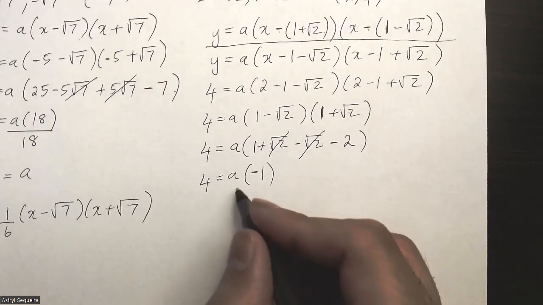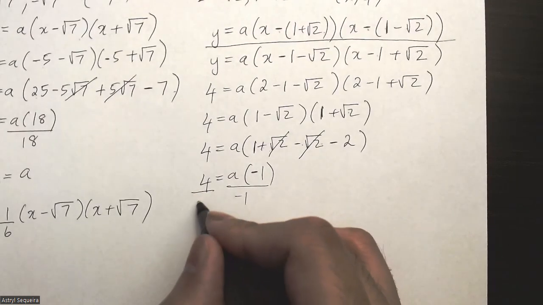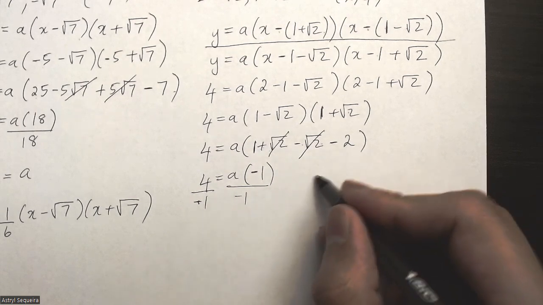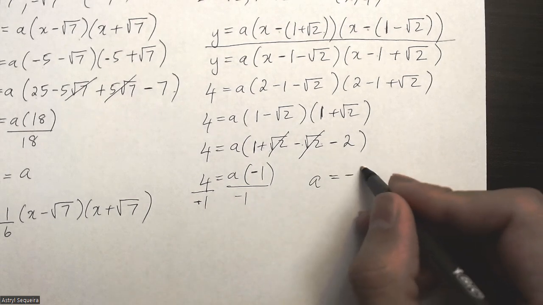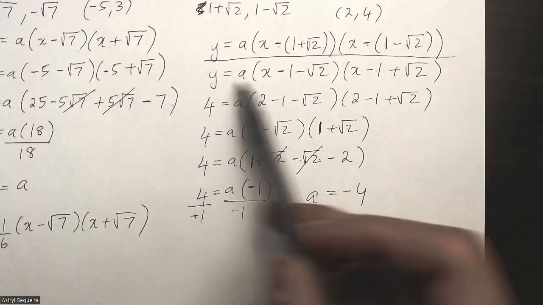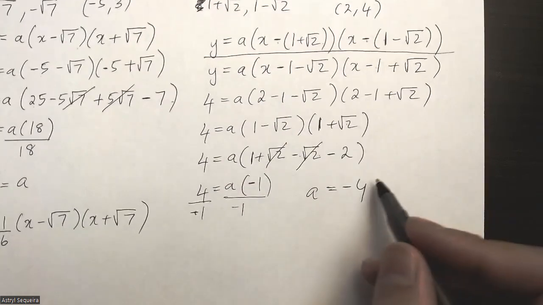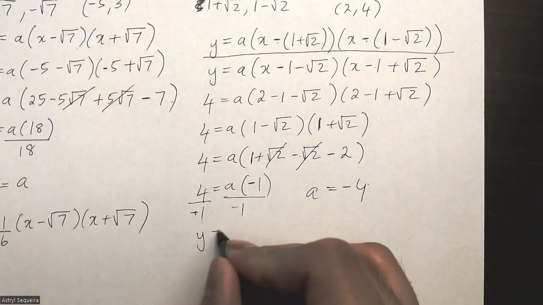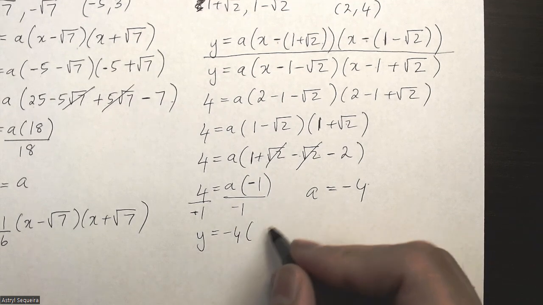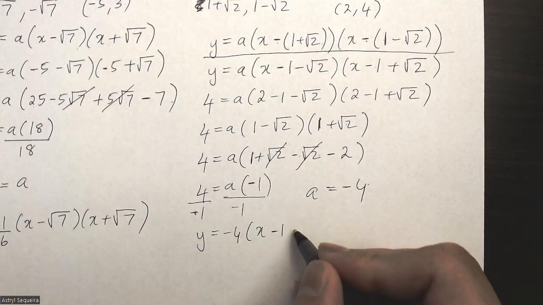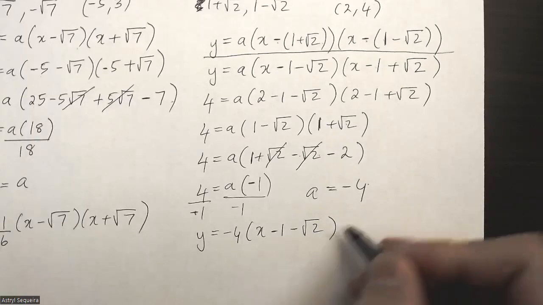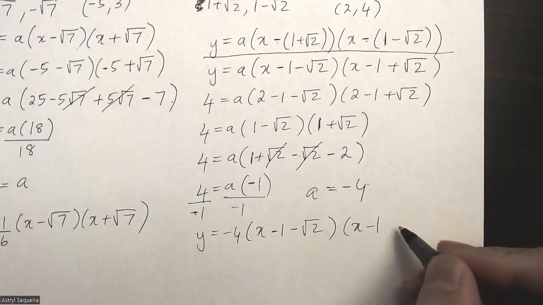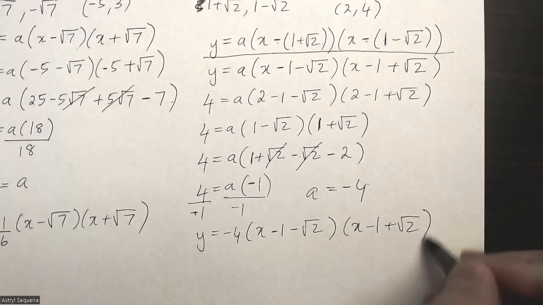And then I can divide by -1 on both sides. So I'll just get a equals -4. I'm going to rewrite this equation below the line with my a value. So y equals -4(x - 1 - root 2)(x - 1 + root 2).